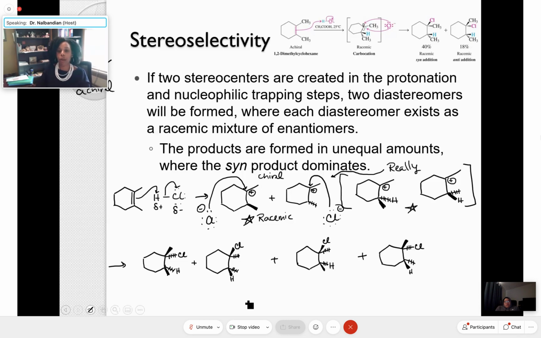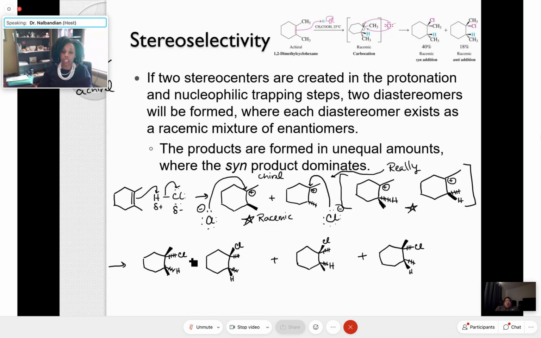So we have these 4 products that can form. Starting with these 2 carbocation intermediates, we can have our chlorine adding from the top or the front, which would be the wedge, or the bottom or the back, which would be the dash. And so we have these 2 different products for each of the different intermediates that we had.